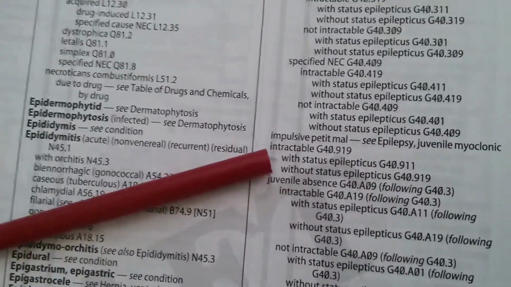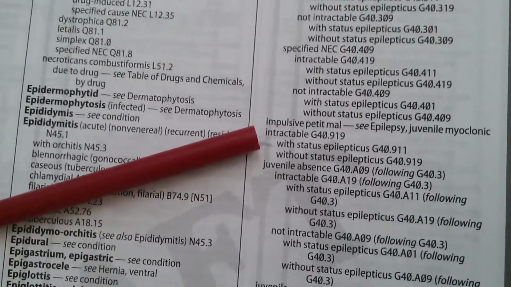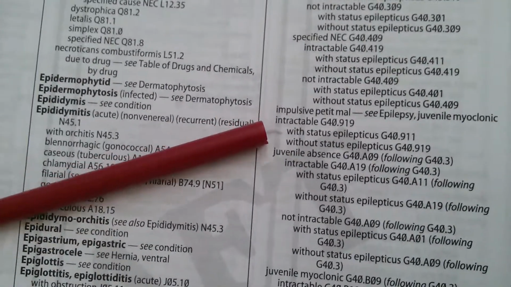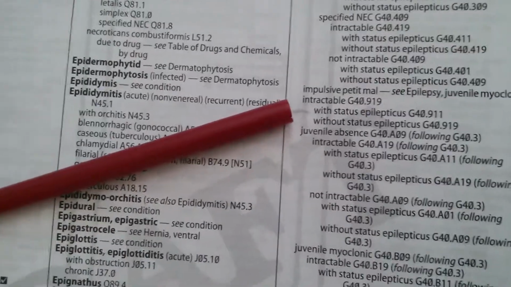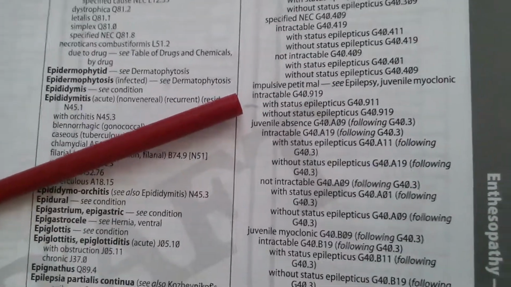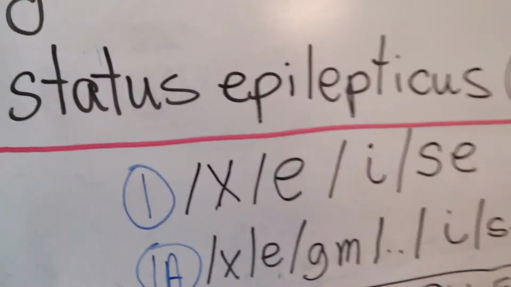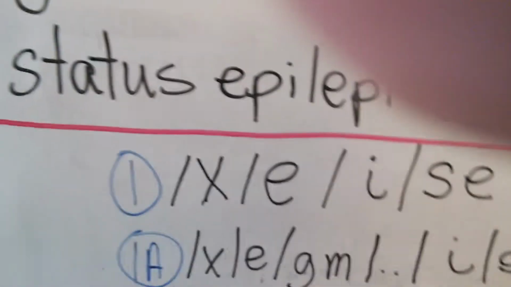But we're missing grand mal there. So this could be the one, but we're not sure, probably not. Let's just write it in case we don't find something closer. So the code would be G4911. I made a little summary here, you see? Let me do this. There you go.